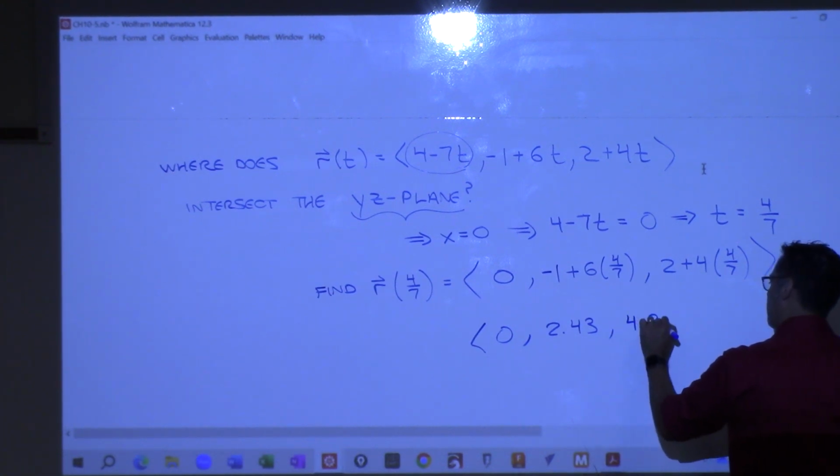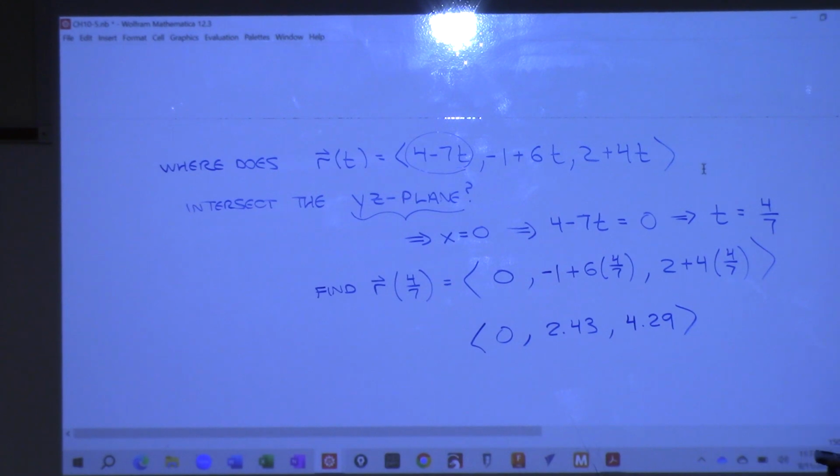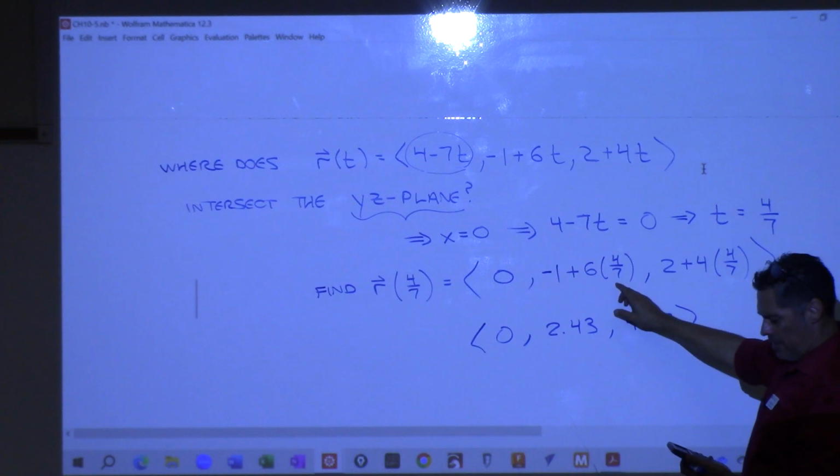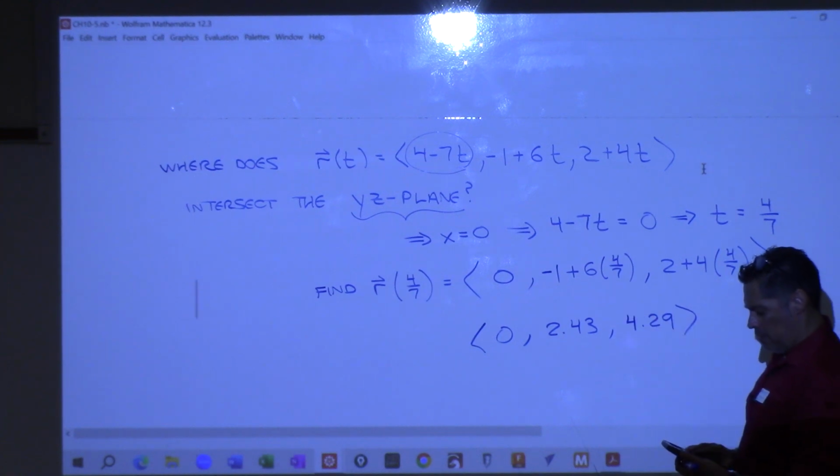Anyone else get that? Anyone try it? 16 divided by 7 plus 2, that's 24 divided by 7. Oh, wait a minute. Hold on. 24 divided by 7 minus 1. Oh, I think I did that right.